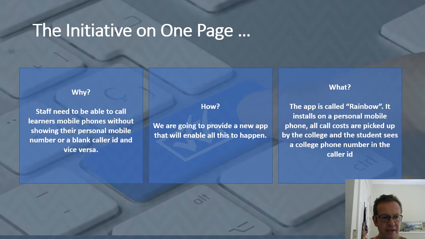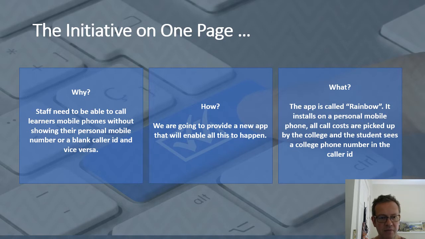Well, staff need to be able to call learners, on their mobile phones or landlines even, without showing the personal mobile number of the caller if staff are using a personal mobile phone, or seeing a blank, because it is possible to make a call with a blank number, but learners don't want to receive calls with a blank caller ID.